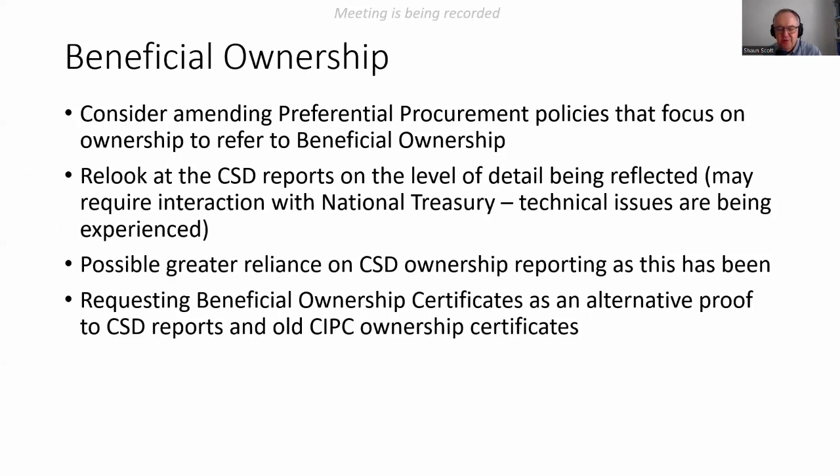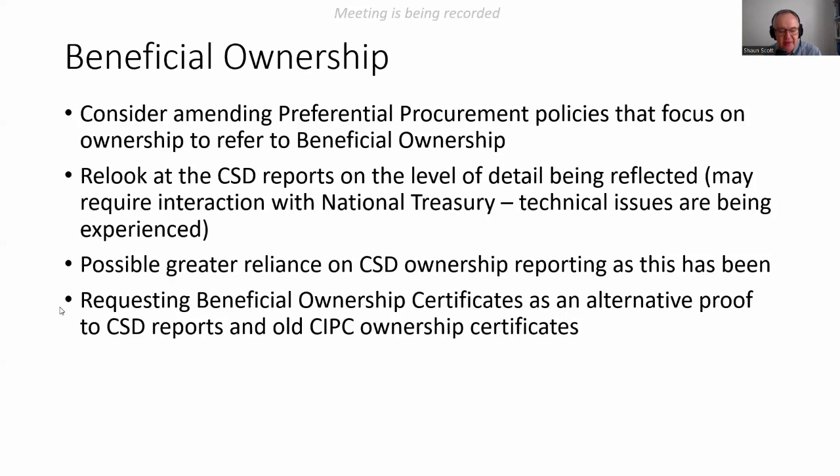When you went into CSD and updated ownership information, they didn't have the level of rigor that we see now in CIPC. And so I think it might be much easier to rely on CSD going forward once some of the technical issues are resolved.